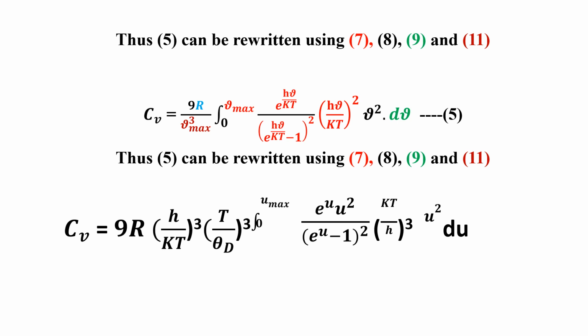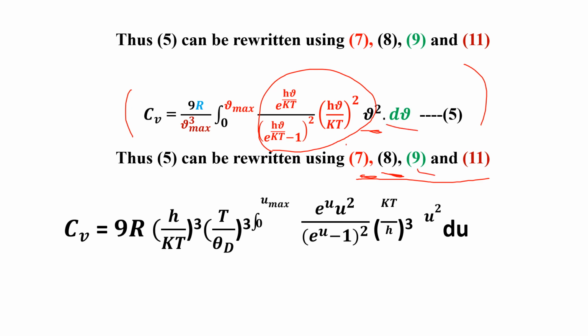Now you should again take equation 5. For easy reference, I have written equation 5 again here. In this equation 5, you have to substitute equations 7, 8, 9 and 11. Instead of this red color term, you can substitute equation 7. Next, instead of this nu square, you can substitute equation 8. Also equation 9 can be substituted for the green color d nu.